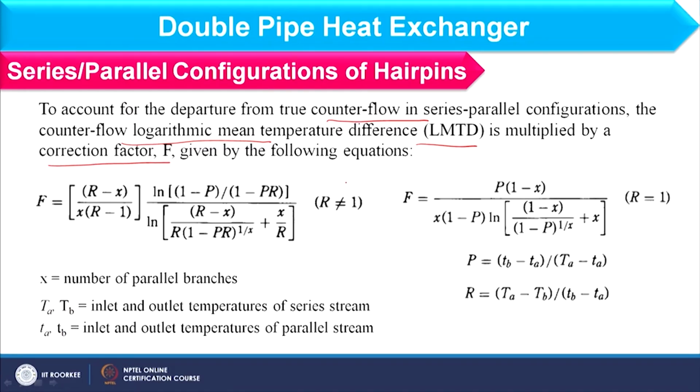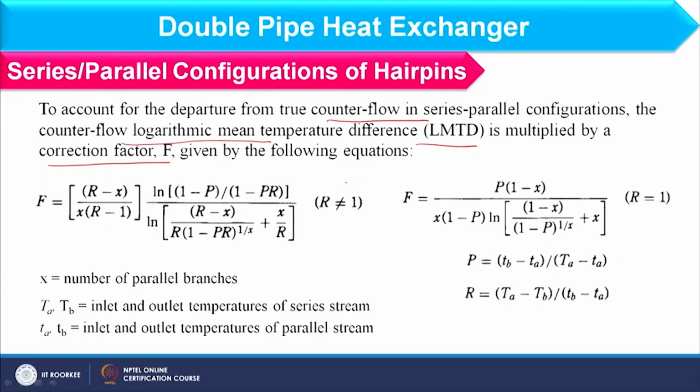When I have series and parallel configurations, we sometimes have co-current flow and sometimes counter current flow. Obviously the LMTD which we have defined is only for a specified flow, either counter or co-current. But here we have a different approach, and therefore we have to consider the FT correction factor, which we can calculate through the following equations, shown over here.